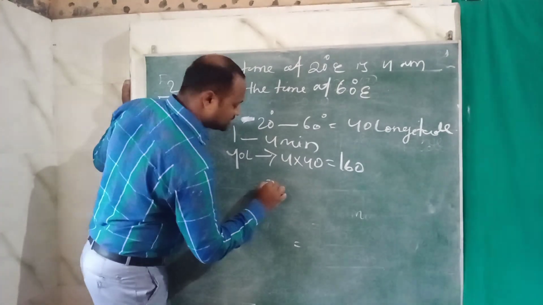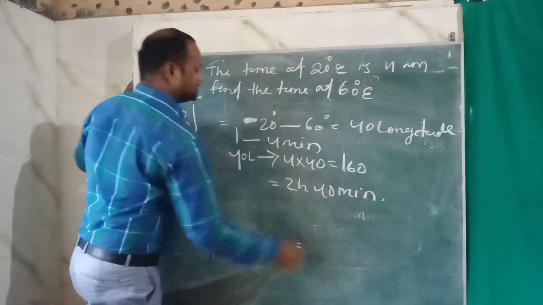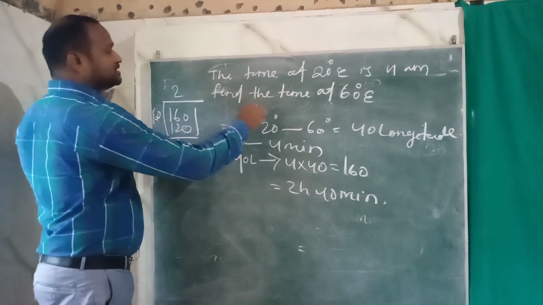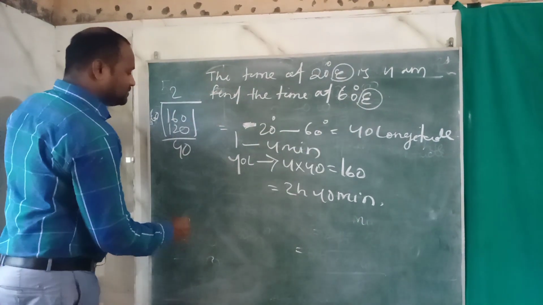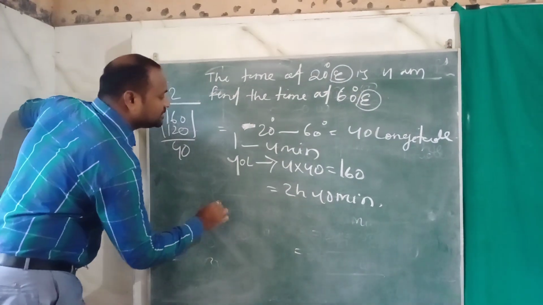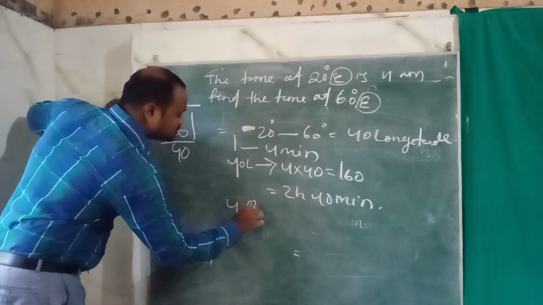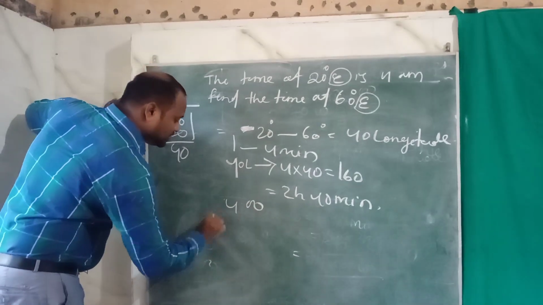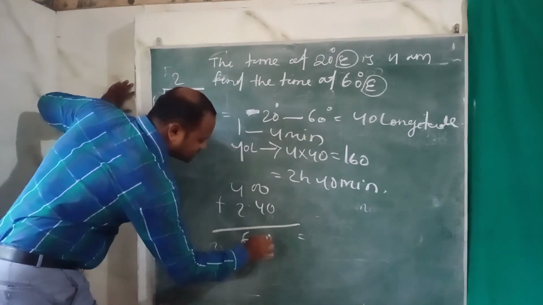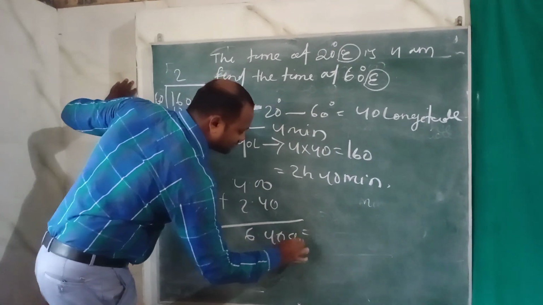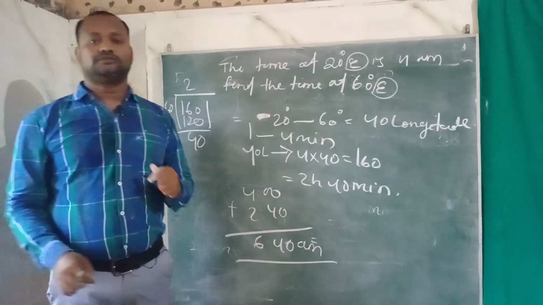So it will be 2 hours 40 minutes. Then as it is in the east, the time will be added. So it will be 400 plus 240 is equal to 640 AM. Is it AM? AM. Understood?